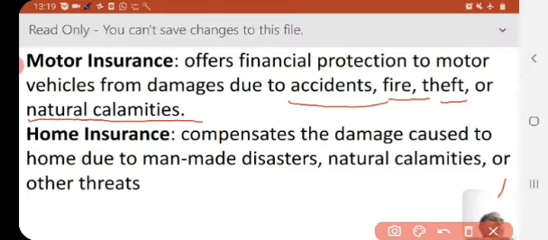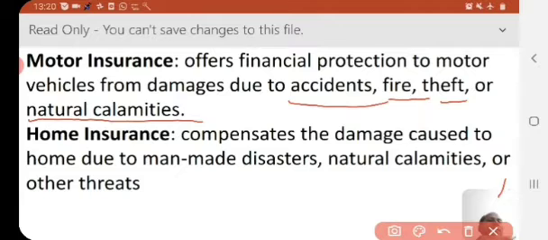If we parked at one place and it was stolen by robbers or thieves, in such situations, the motor vehicle will be compensated for its present value.